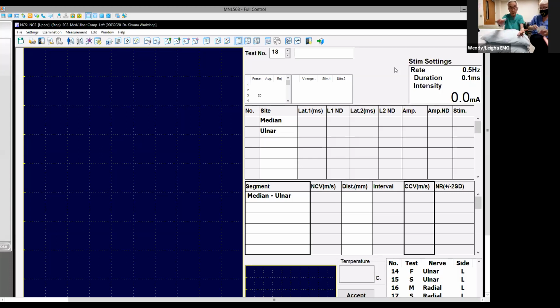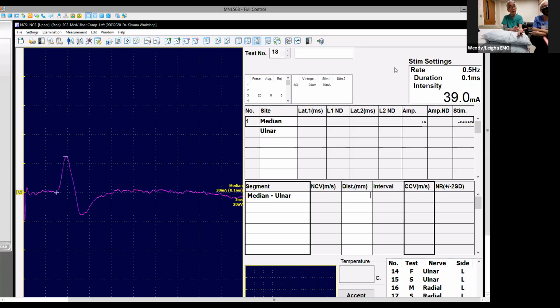And let me just show you the median nerve stimulation first. Let's do it at the wrist. So you stimulate here for median nerve. Okay, go, yeah, higher. So this is our median antidromic recording from the ring finger.